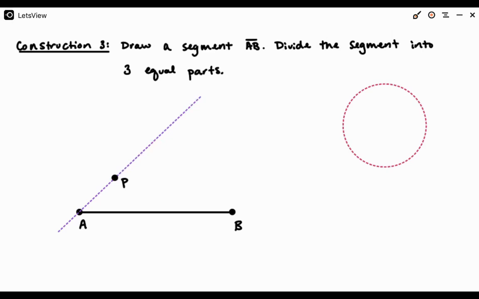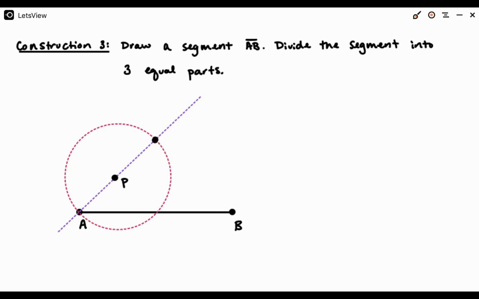So to do that, I need a circle that's centered at P that has radius AP. So you could set your compass to have radius AP and then draw a circle centered at P with that radius. Okay, so then I can put a point there. So I now know that this segment and this segment have the same length, so I've copied AP 1 time.